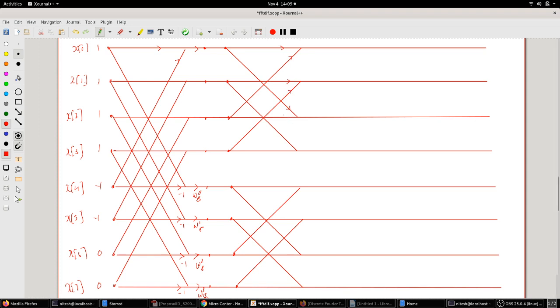This is minus 1, this is minus 1, and it will be multiplied by w0 of 4 and w1 of 4.